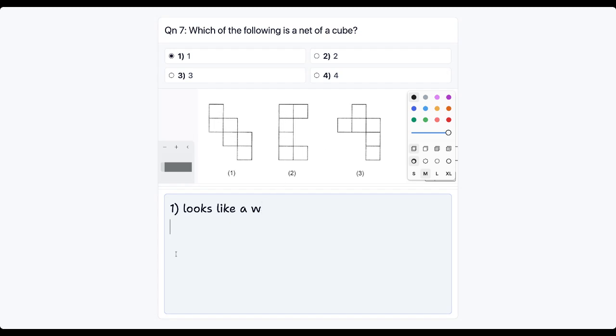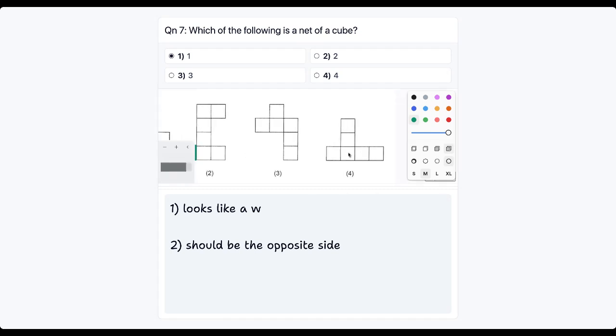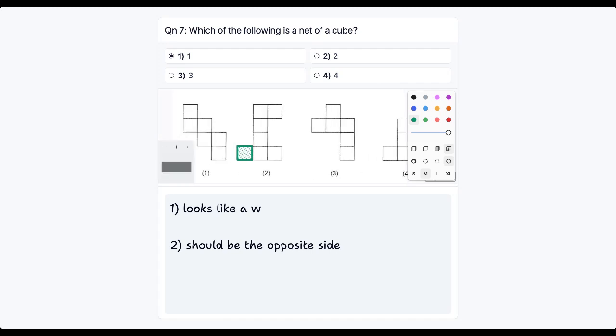Okay, for two, it should be the opposite side. What I mean is that this should be the correct one over here. So that's number two.